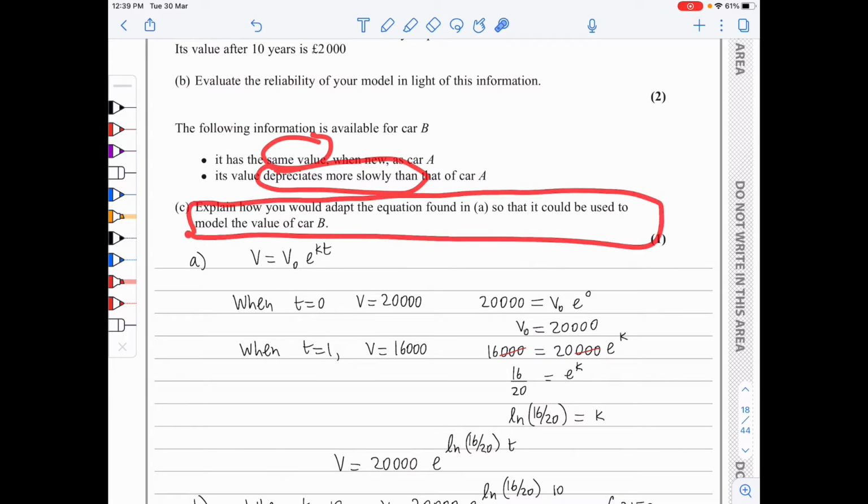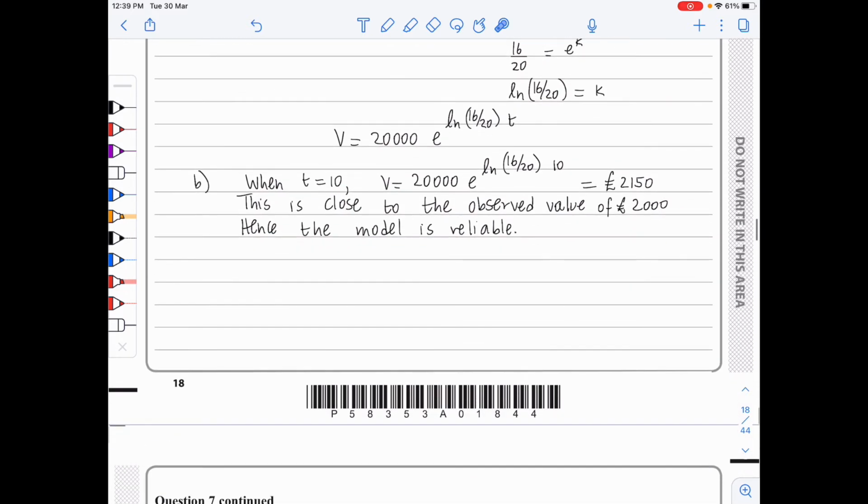Well, we still have the same value, so our v naught will still be the same, but in order to control and reduce the rate at which the car depreciates, we need to use a value that's less negative than ln of 16 over 20. So what we have to do here is simply say that we need to make ln of 16 over 20, which is minus 0.223, less negative.